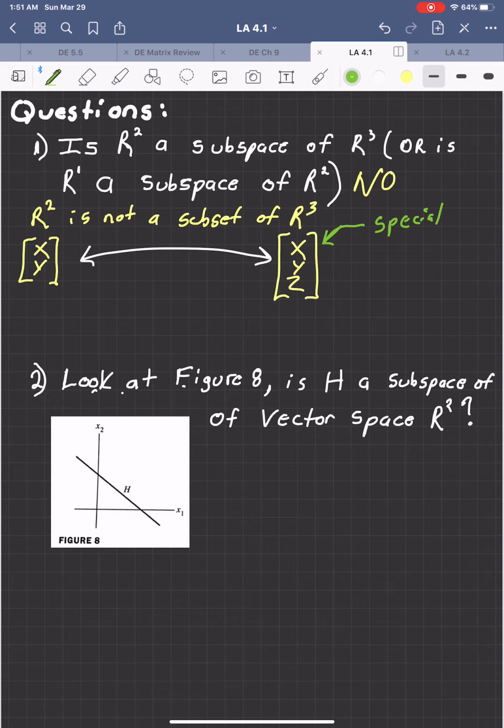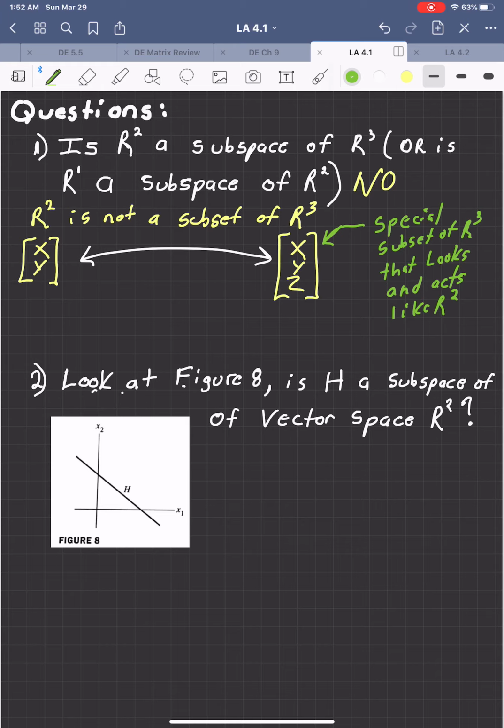There's a special subset of R3 that looks and acts just like R2. So there is a subset of R3 that looks and acts exactly like R2.